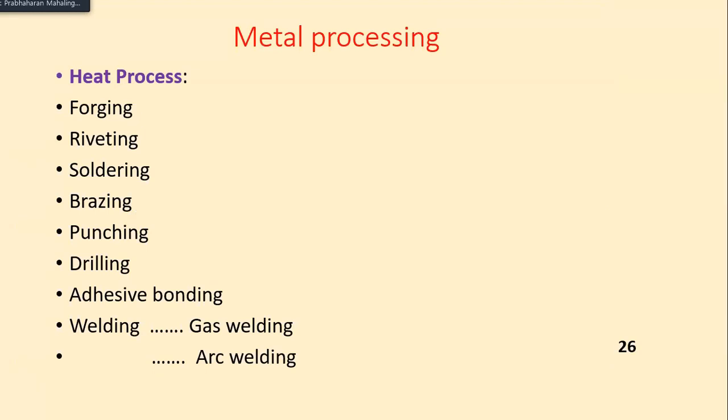Forging means there is an anvil, a black thing on which we put hot iron for making a knife or something like that. That is the forging operation. Riveting, you know this door riveting, you understand.